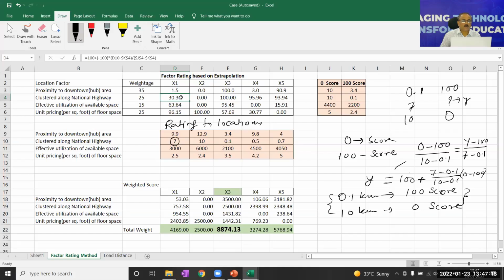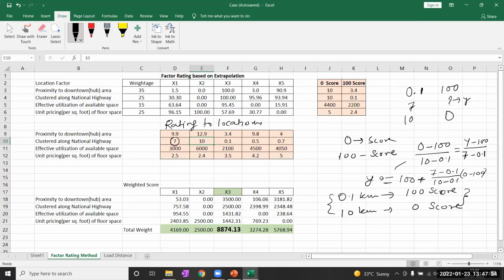Similarly, you will do it for the other ones. For example, for the second location X2, the distance is 10 kilometers. What will be the rating? We have already established the scale: 10 kilometer and above will get a rating of 0.